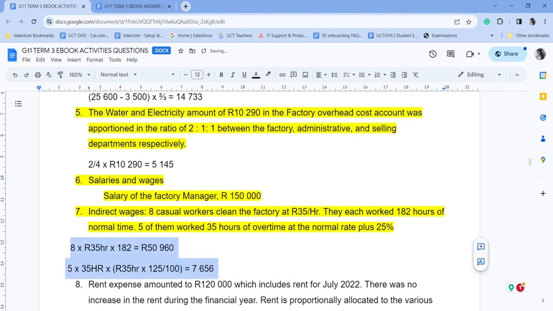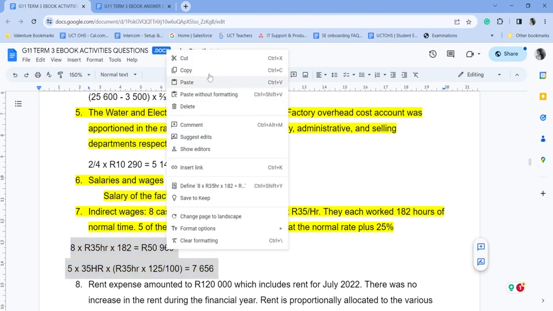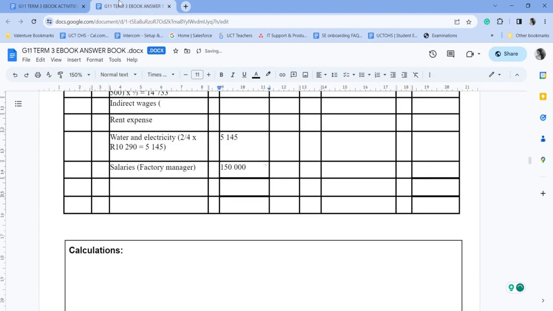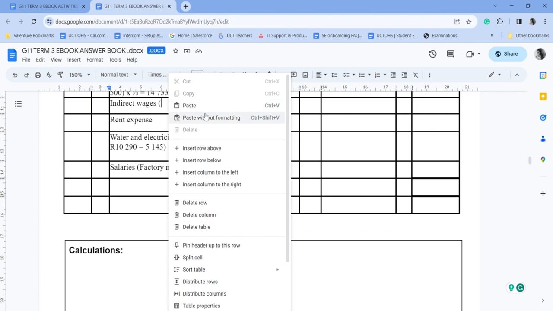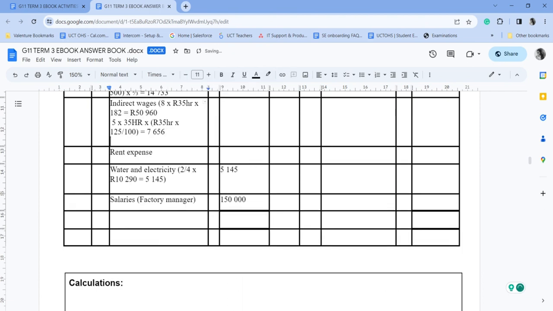We don't work with the cents. So then I have my direct and indirect wages there in my factory overhead account. So I'm just going to paste it as it is. Okay, so this means that I can do my workings here now. 50,960 plus 7,656.